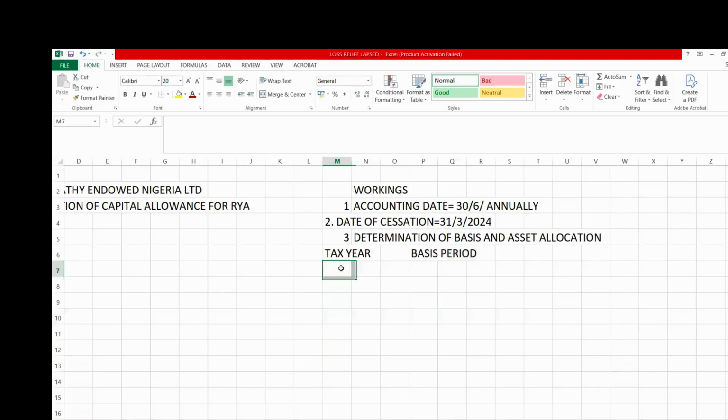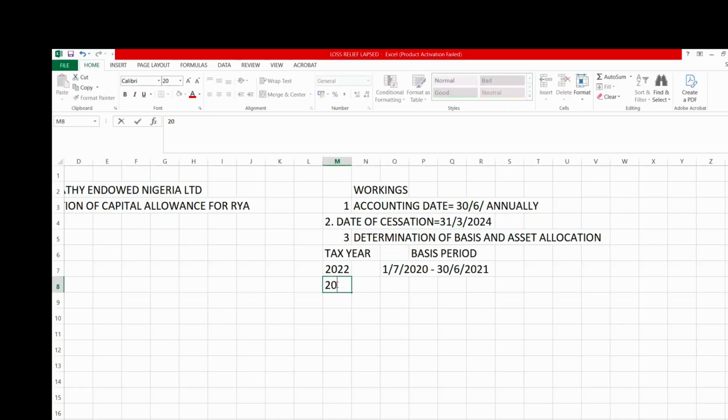So for 2022 year of assessment, the basis period will be from 1/7/2019 to 30/6/2020. Okay, this will be 2020 to 30/6/2021 on preceding year basis.